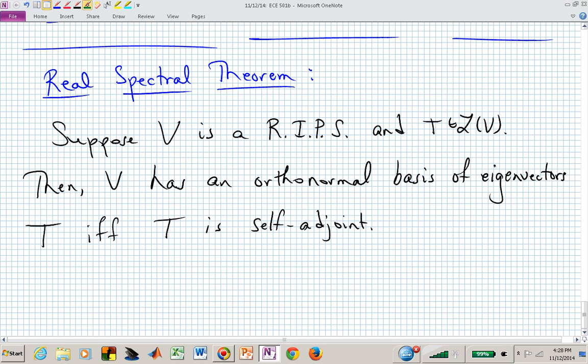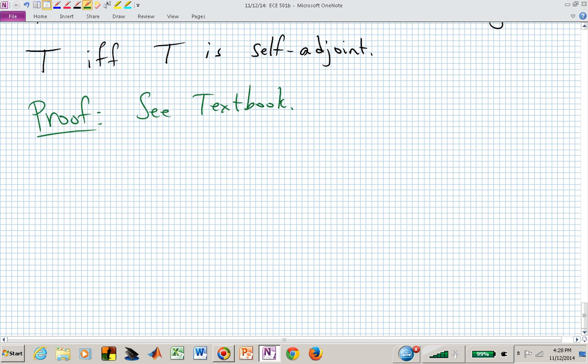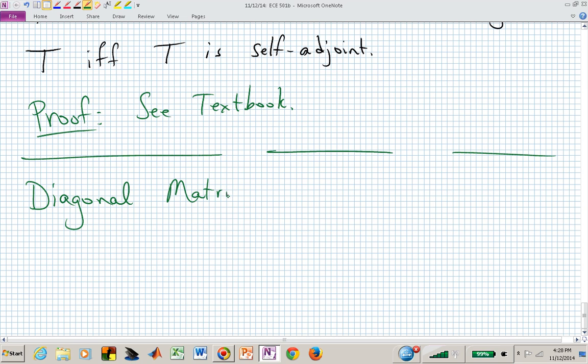So let's now move into really trying to understand more of that without going through the proof. Let's just try to see what it is that we now have available to us in terms of the complex spectral theorem and the real spectral theorem. And really what that allows us to talk about are sort of nice basis vectors or diagonal matrices.